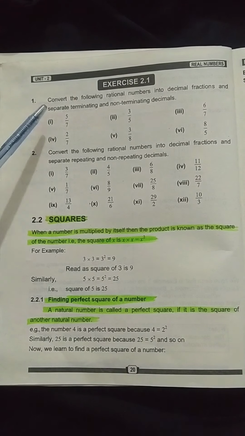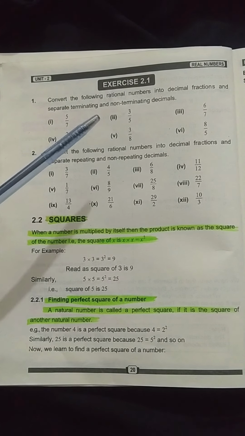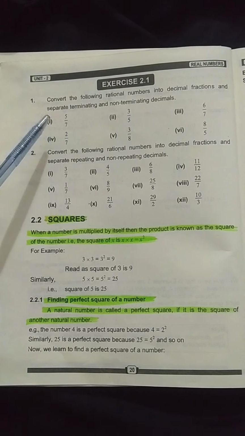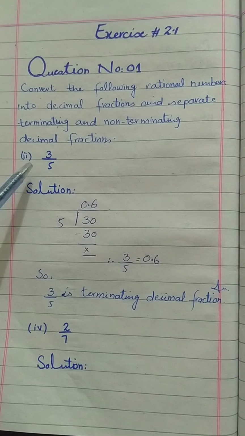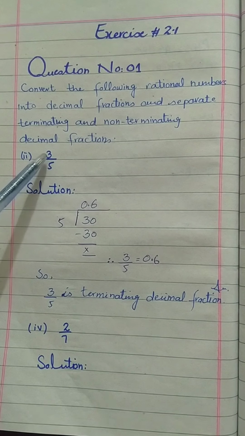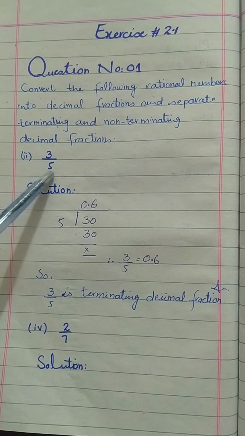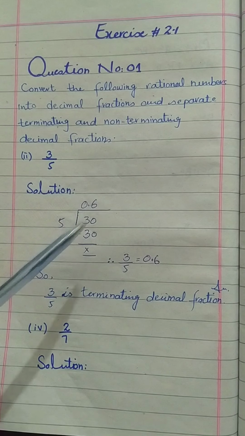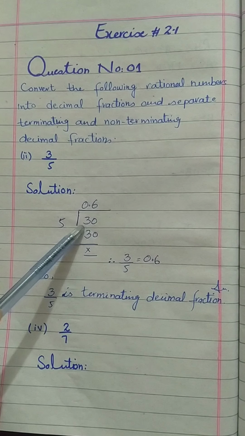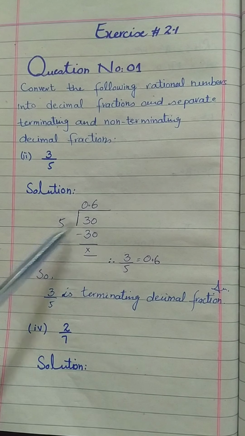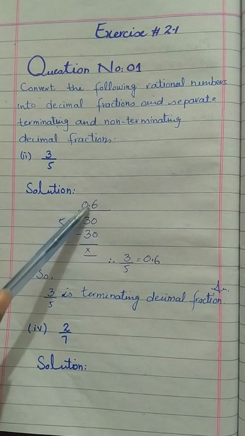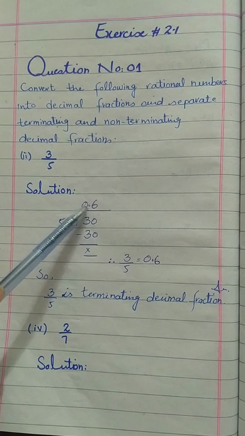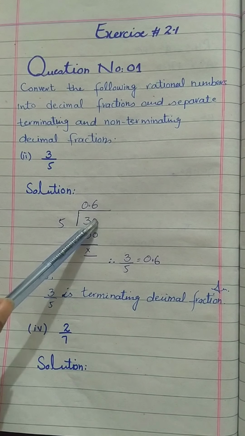Exercise 2.1, question number 1, convert the following rational numbers into decimal fractions and separate terminating and non-terminating decimals. So the second part, 3 by 5, we divide 3 by 5 to convert this fraction into a decimal. When we divide 3 by 5, 3 is smaller than 5. So we put a 0 here for the smaller value and then a point to get 0.